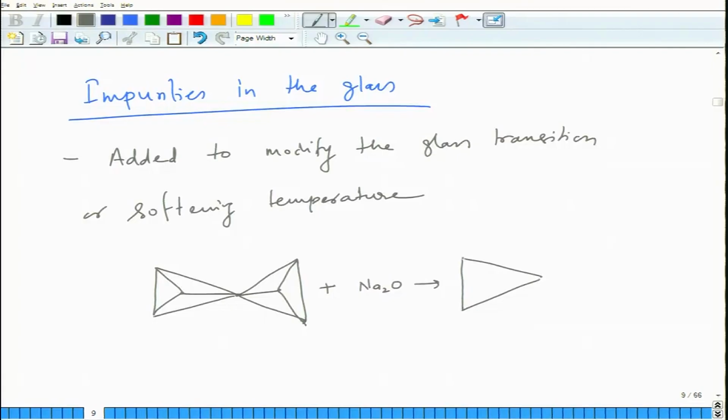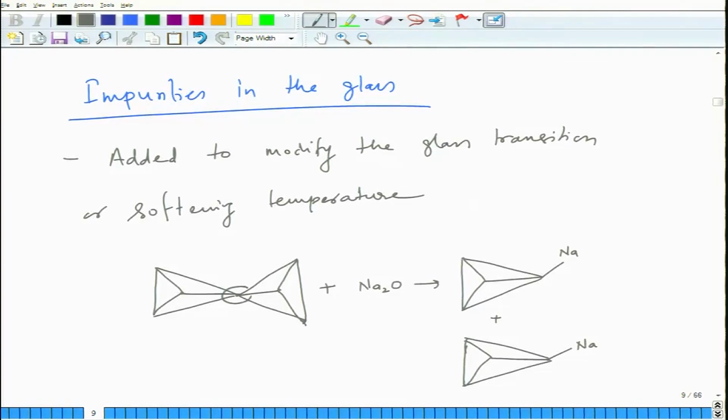which is attached with one sodium here, and you can have another tetrahedra which remains attached with another sodium atom here. So, they will become loose tetrahedra by breaking of this bond.